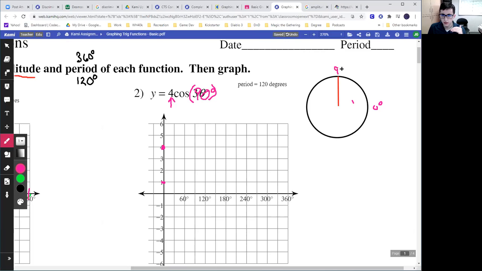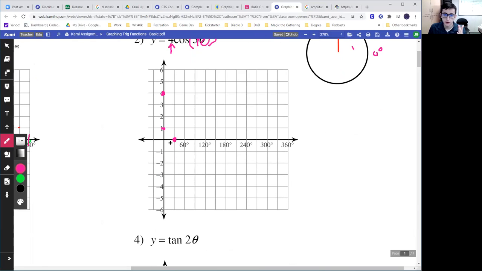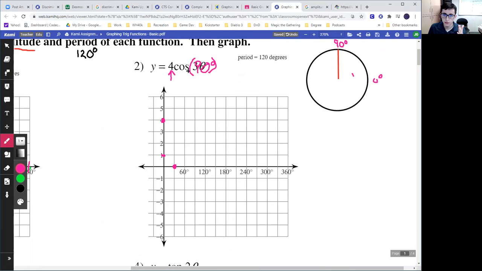This is 90 degrees, and you can see there's no cosine here. Then you multiply that by 4, which is still 0. So we put in 30, and we're getting 0. The same thing will happen when we put in 60. It'll count as 180. Cosine of 180 would be -1, which gets multiplied by 4, which counts as -4.